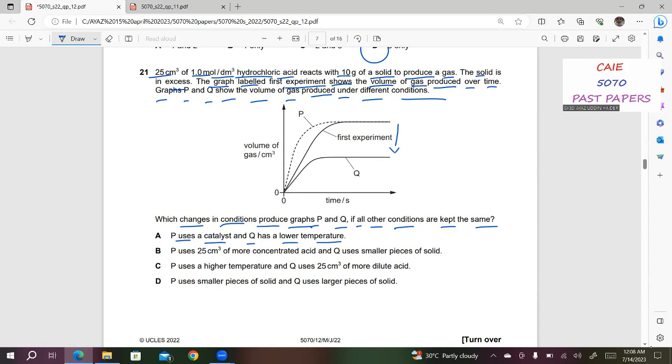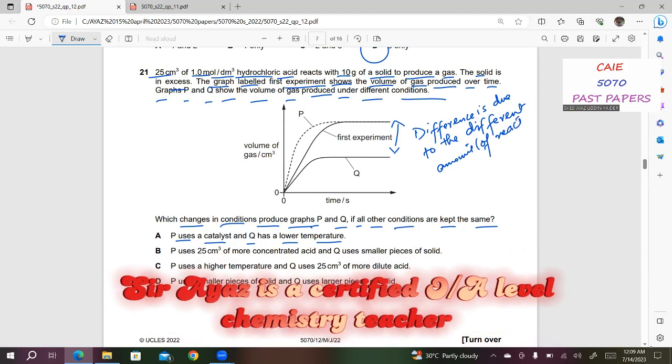If you see the difference, this indicates there is a difference in the amount of reactant used, not temperature. It can't be due to the decrease or increase in temperature.